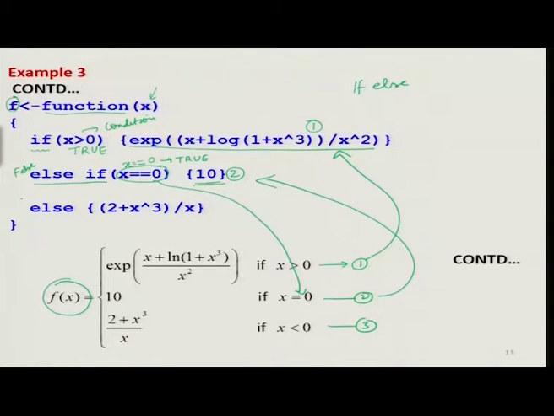And suppose this condition is false, then the control comes to the last statement, which is only else, because this is the last statement. So, if x is not greater than 0 and x is not equal to 0, then obviously x is going to be smaller than 0, and in this case without writing any condition, I can directly write down the function here.